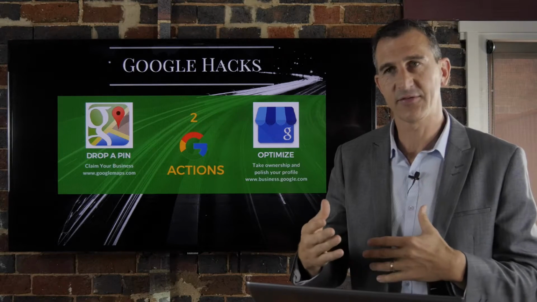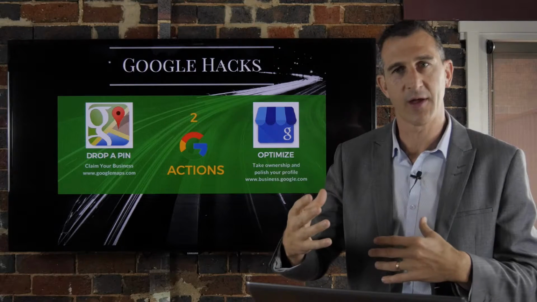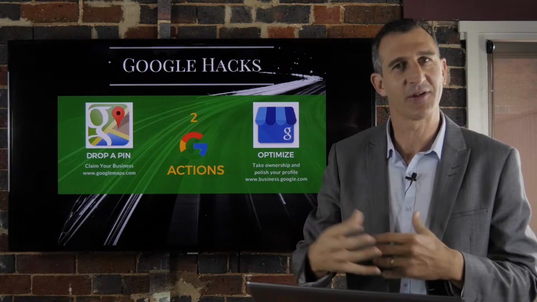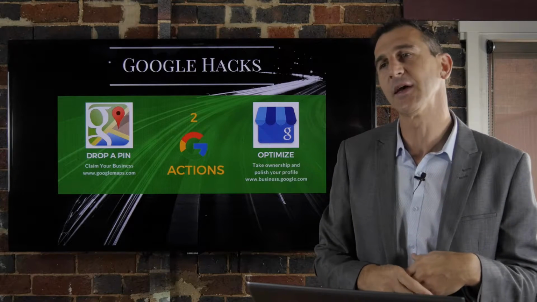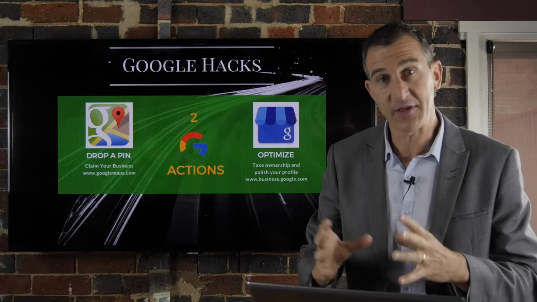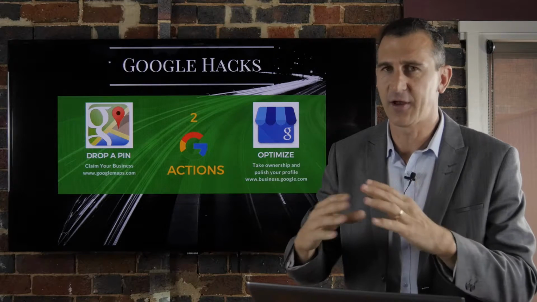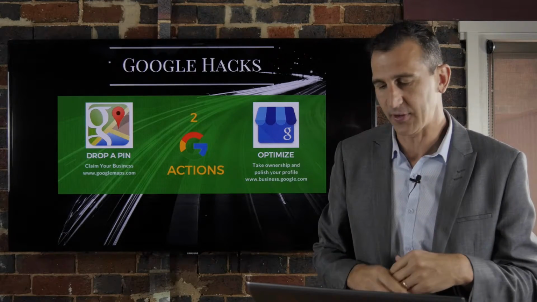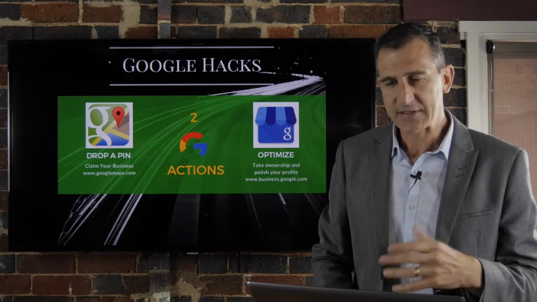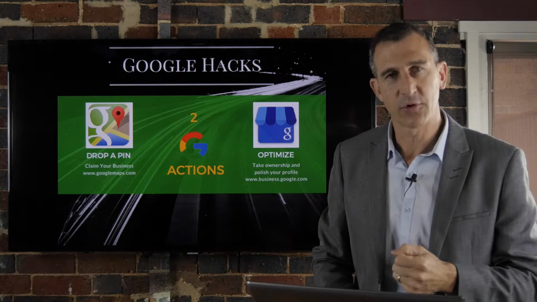And all this stuff starts to, I guess, help with a trustworthy search result in Google's eyes. So optimize the profile, make sure you put your website in there, and just do everything. It's very much just follow your nose. All the steps are there. Just go through and fully populate that profile. So that's hack number 1, optimize for Google Maps.